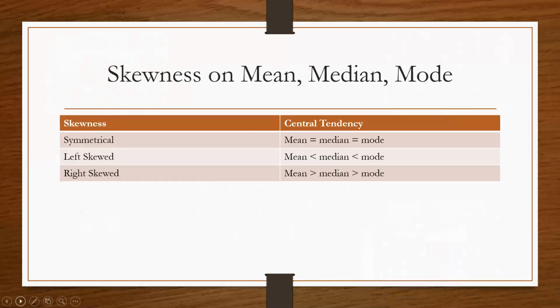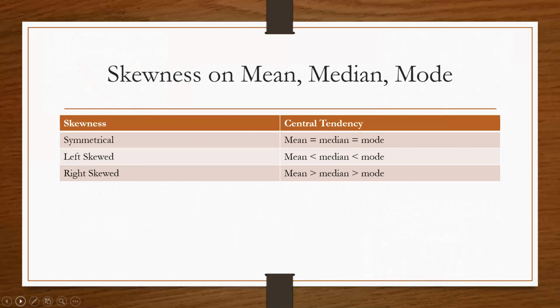All right, so as I hinted at earlier, if something is skewed, then it'll have an effect on the mean, the median, and the mode. This is something that you can figure out by looking at a graph, or if you want, you can just try and memorize it. So basically, if it's symmetrical, the mean is going to equal the median, and it's going to equal the mode. That's just how it's going to be. However, if it's left skewed, then the mean is going to be smaller than the median, which is going to be smaller than the mode.